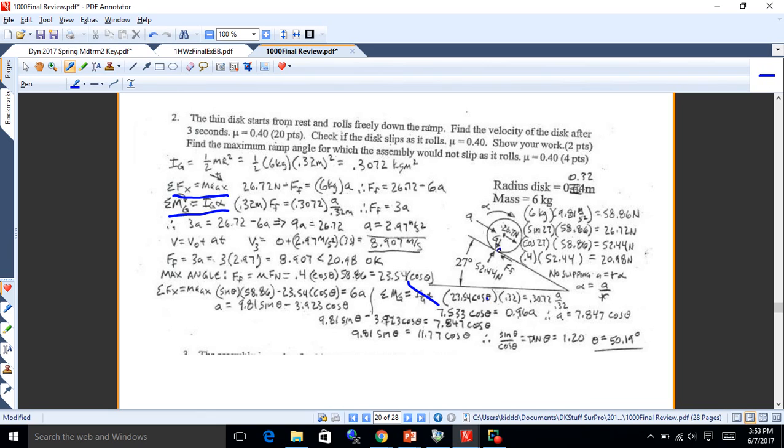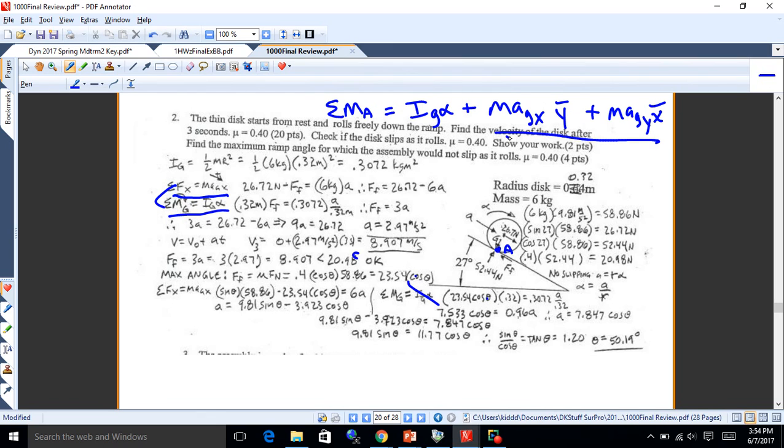Could also have called that point A. You could also have gone sum moments about A, and again, done that whole drawn out equation there, like so, okay? So you could either approach that with two equations or one.